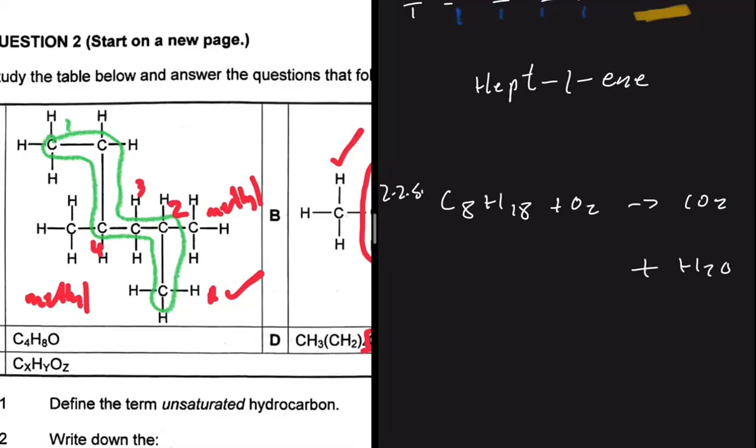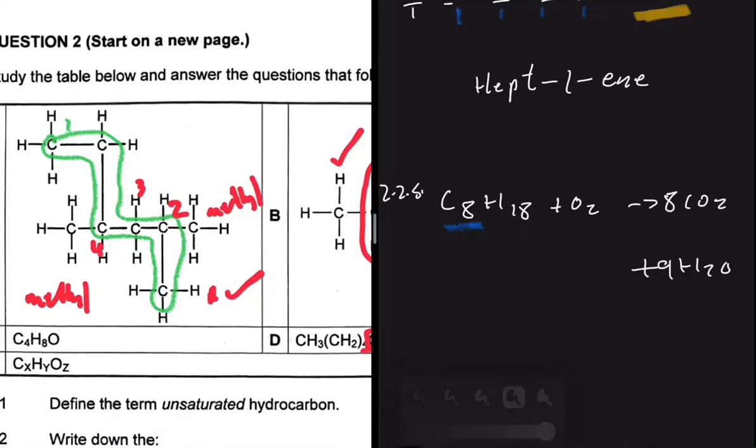Here we have 8 carbons and here we have 1, so we need a balancing coefficient of 8 there. We have 18 hydrogens on one side and 2 on the other, so if we put a balancing coefficient of 9, we're going to have 18 on both sides.